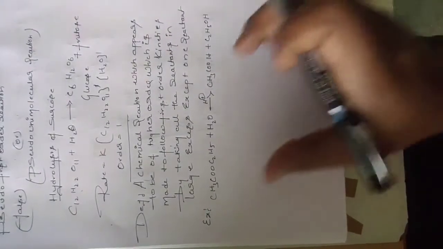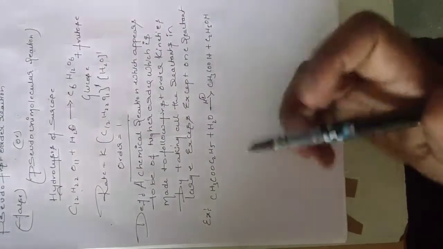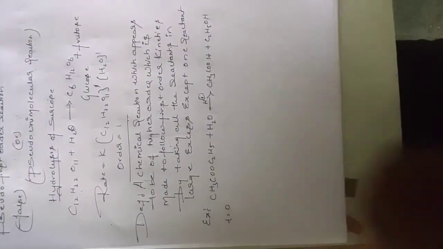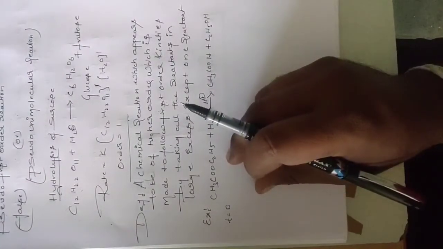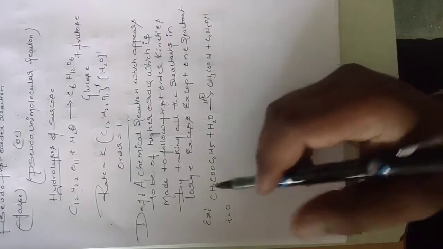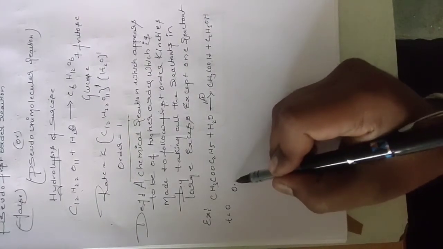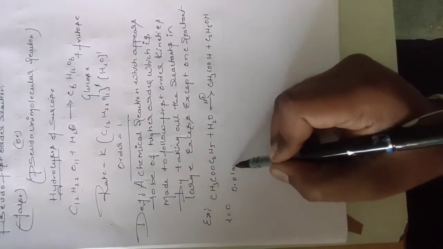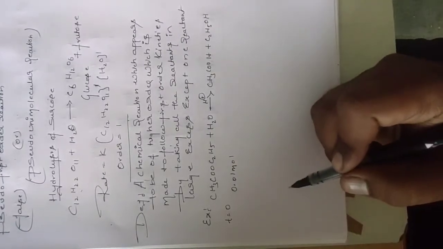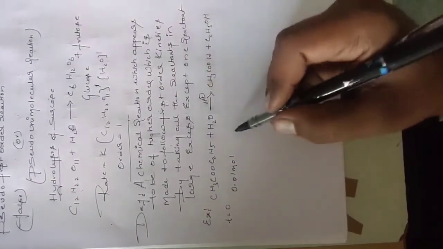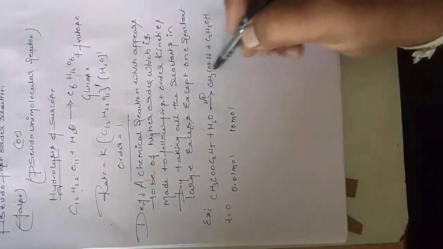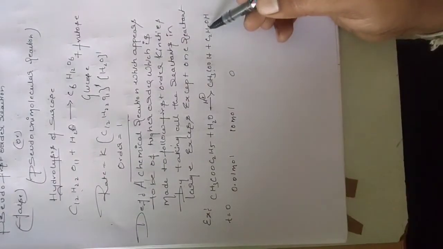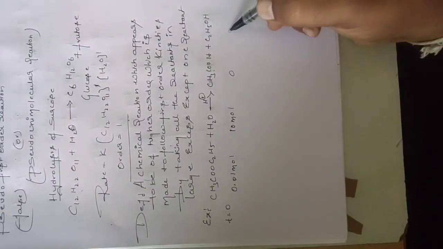When t equals 0, the ethyl acetate is 0.01 mole. Then water we are taking in excess, that is 10 mole. Then acetic acid is 0 because time is 0, and ethanol is 0.